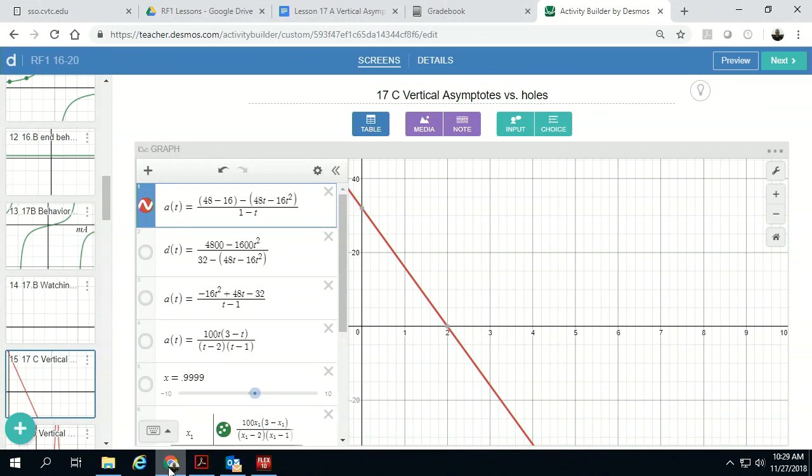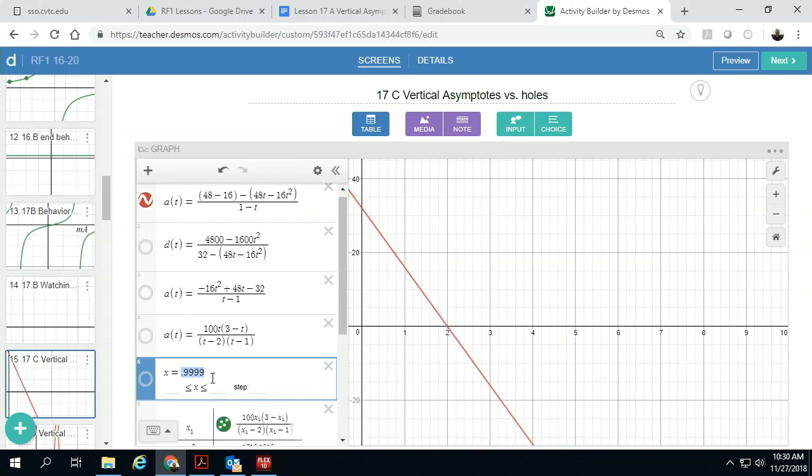Use the formula to complete the following table. As t gets closer to 1, how do the values of a of t change? Okay, so they say t is 0.9. So I'm going to put in 0.9. And put the graph in.